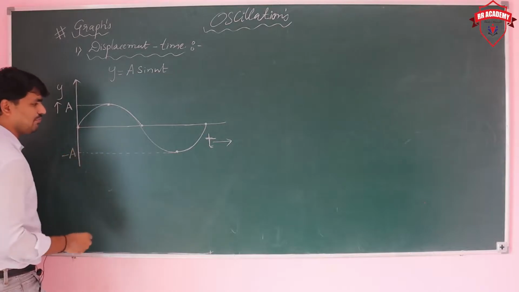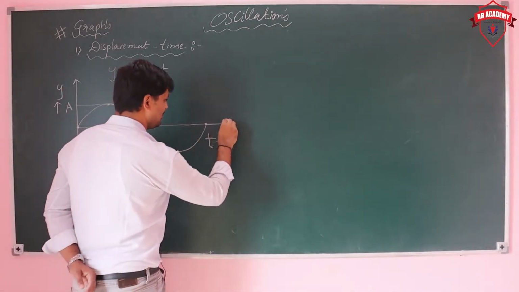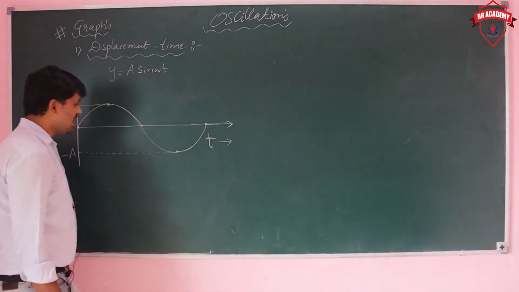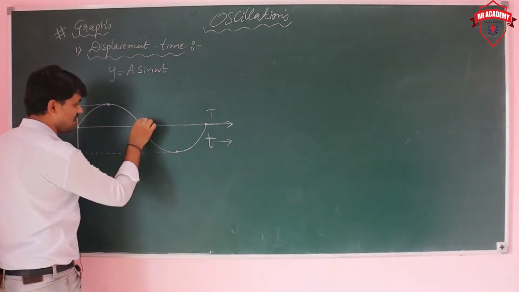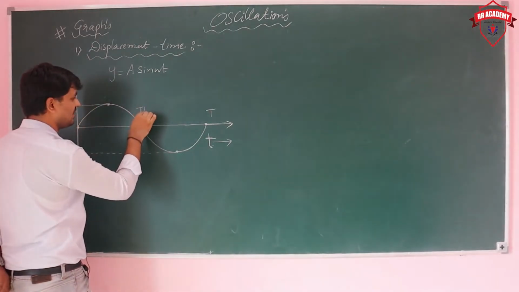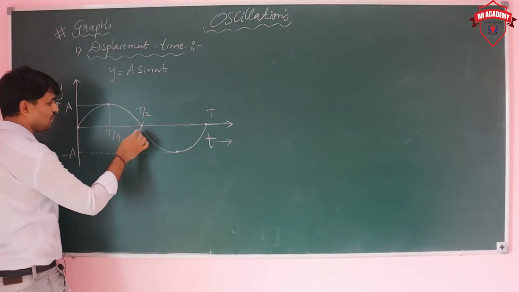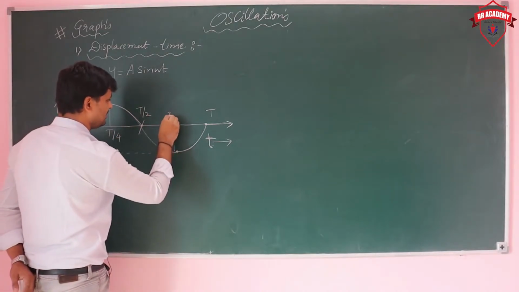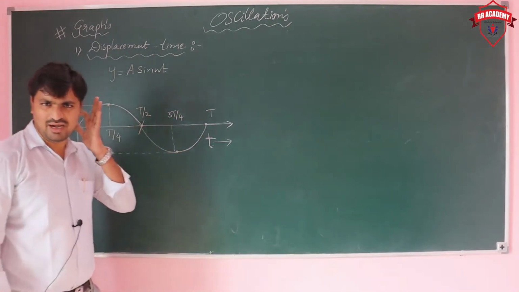That we are taking as minus a, and then 0, and then 0. This is simply that. And you can take total time up to here as T, and for half it is T by 2. For this it is T by 4. For this it is 3T by 4.